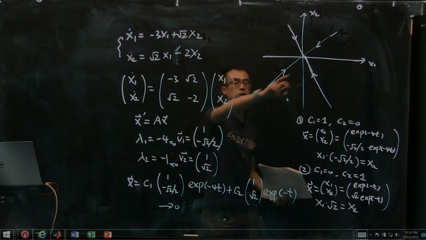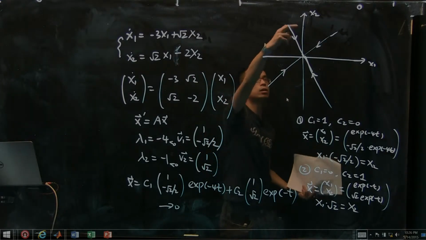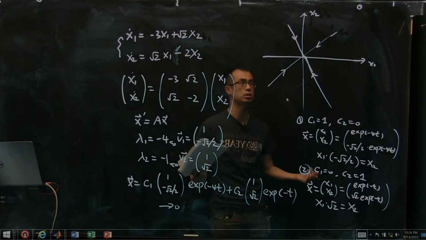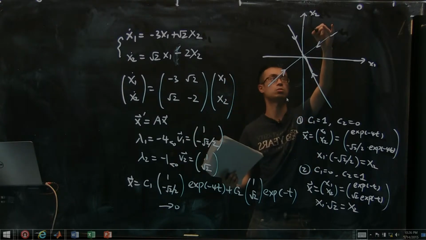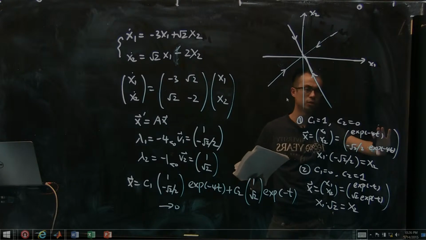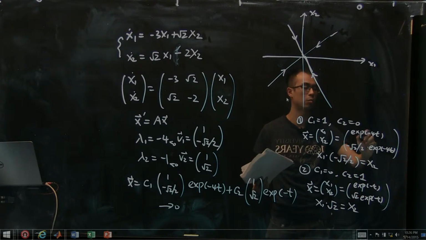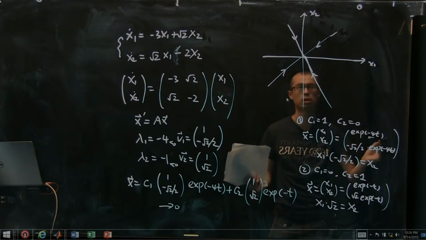So for both of these two lines, they always go to 0. I mean, obviously, for the solutions in the middle, they should also go to 0 as well. But as you can see, for this solution, they go to 0 faster than this one, right? Because the number here is -4, and 4 is larger than 1.